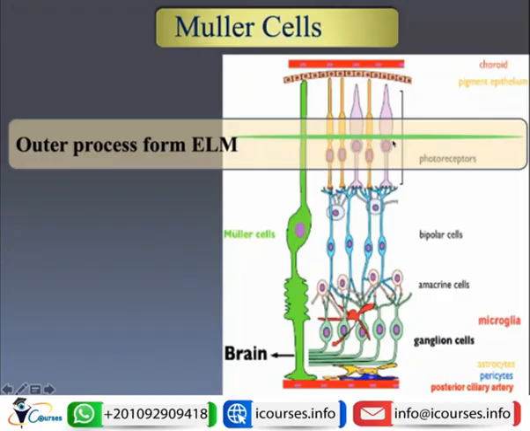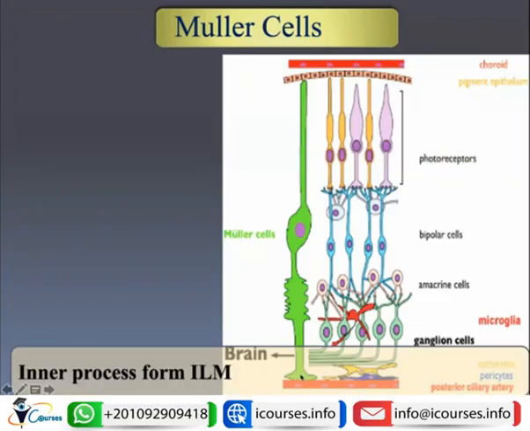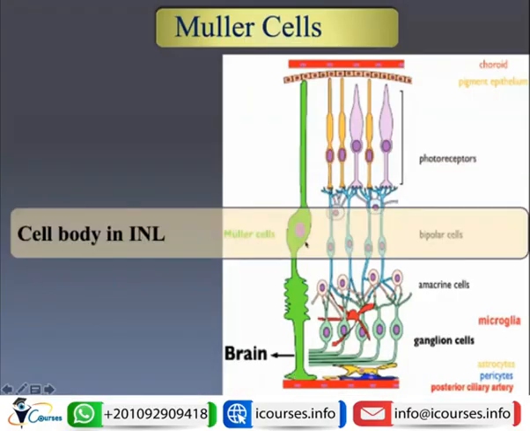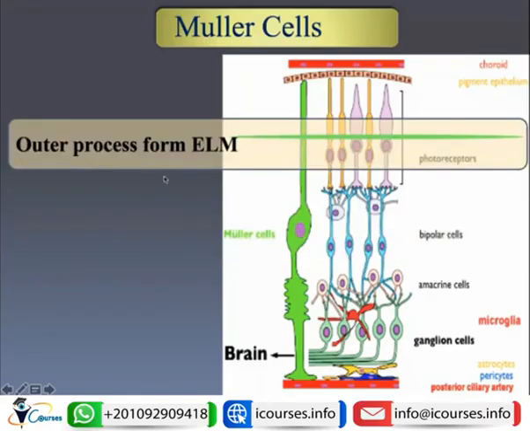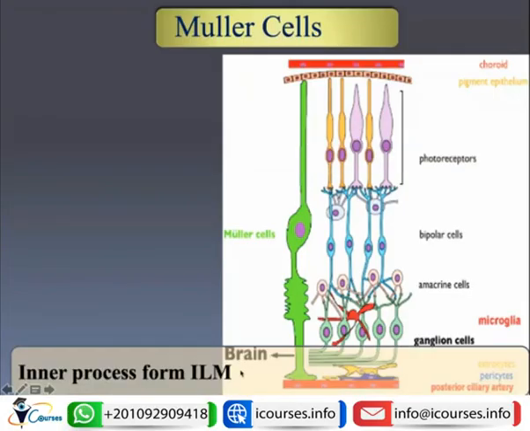You remember we said that the terminal zonula adherens of the Müller cells together with the outer fibers of the photoreceptors will form the external limiting membrane, while its inner process will form the most inner layer of the retina, which is the internal limiting membrane. So again, the Müller cells have their nuclei in the inner nuclear layer, while the outer process will form the external limiting membrane, and the inner process will form the internal limiting membrane.